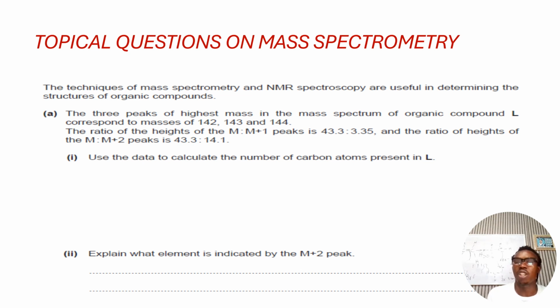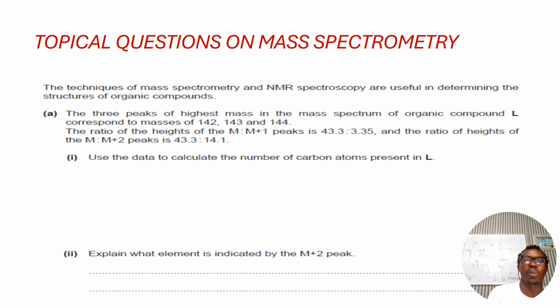Since you are given the molecular ion plus 1 peak, it is an indication that the organic compound contains the carbon-13 isotope. So what you have to do now is calculate the number of carbon atoms.